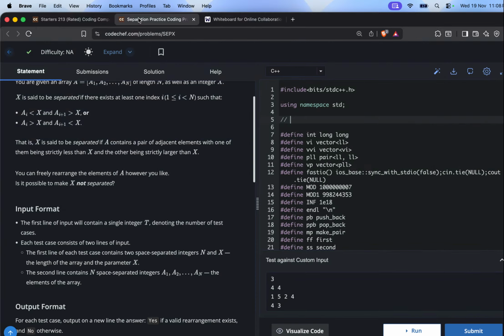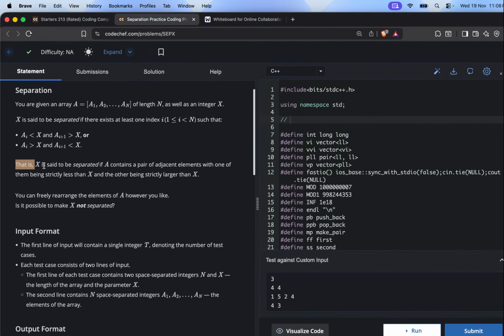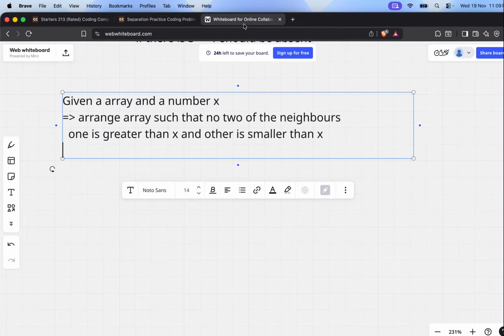That's what the question says. Here it is said that x is said to be separated if A consists of a pair of adjacent elements with one of them being strictly less than x and the other being strictly larger than x.